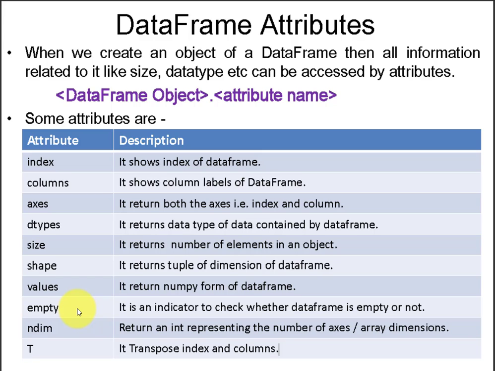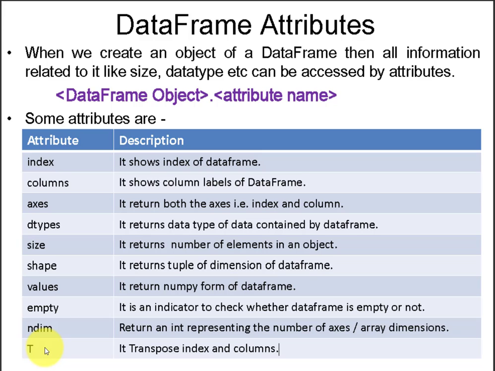If the data frame is empty or it has some value, you can check that very easily with the help of the empty attribute. And ndim returns an int representing the number of axes or array dimensions. Clear? And T transposes index and columns. So if you want to transpose, meaning you want to convert index into columns, you can do this with the help of the T attribute.